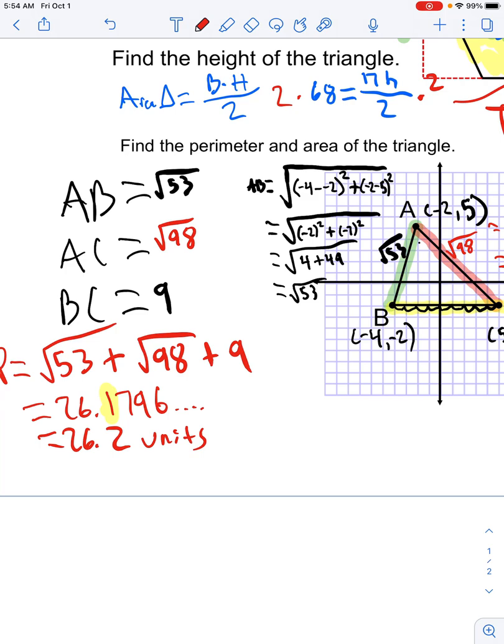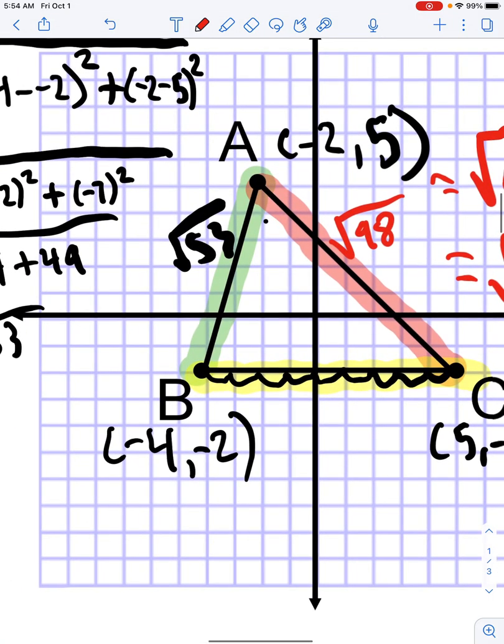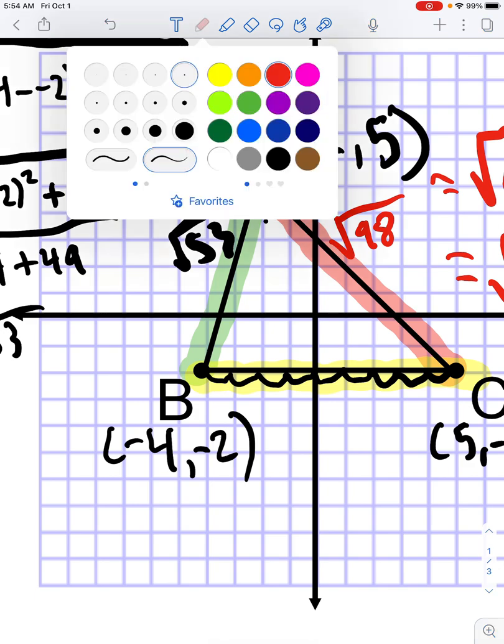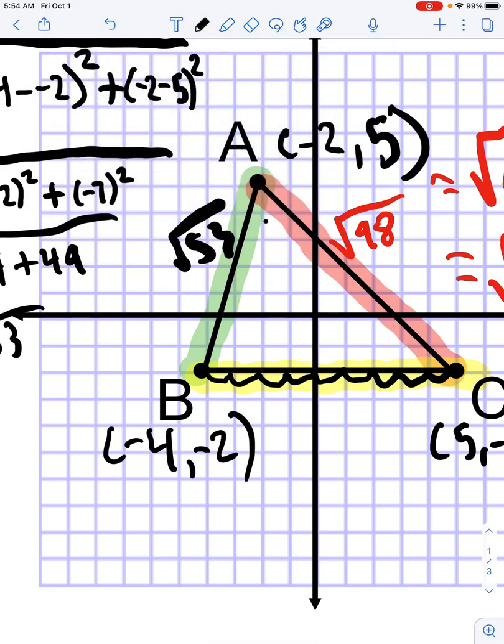All right, that's perimeter. Now I need to find the area. Area of a triangle is base times height divided by 2. Luckily, we knew that this bottom base was 9. We were able to count that.